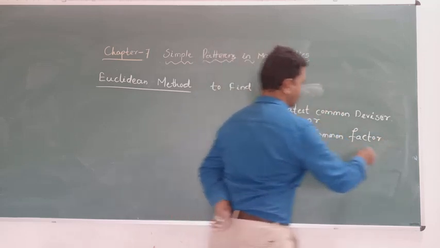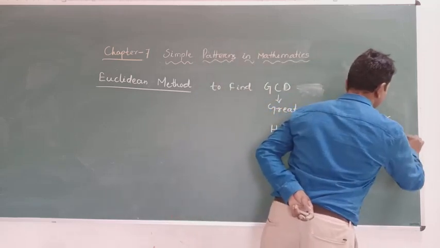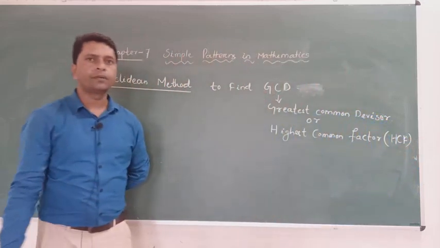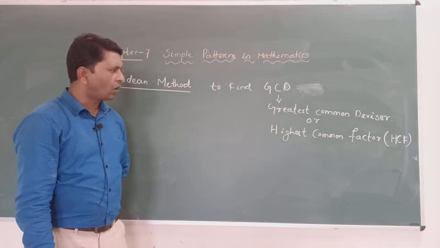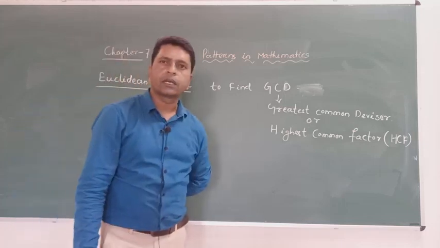We call it HCF. So one is greatest common divisor, or highest common factor, that is GCD.